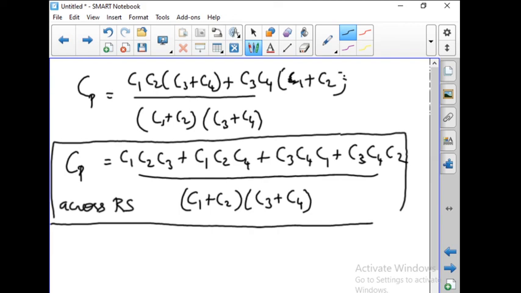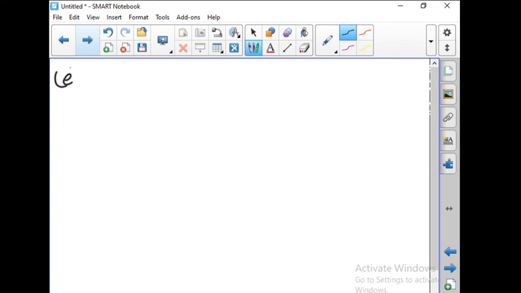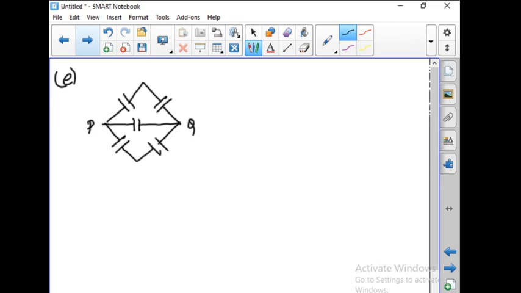And one more problem is there in the same question, which is E. Here these points are named as P and Q. C0, C0, C0, C0, and this is also C0.